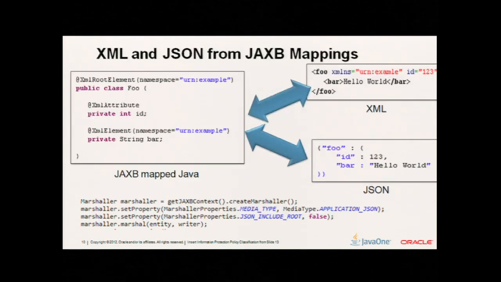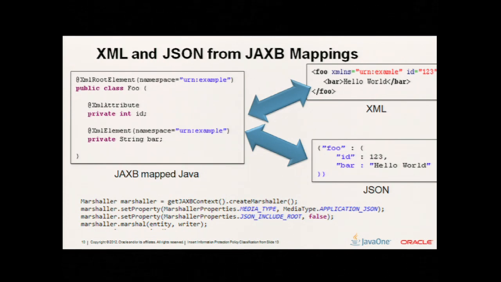So here we take a simple class. Right now we're just using JAXB annotations. I annotate my class, and then I can easily marshal using the same runtime artifacts to XML or JSON. And I dropped a code sample in here to show you how easy it is. What we did was we extended the marshaller and unmarshaller just to make use of a media type property very similar to how JAX-RS works.